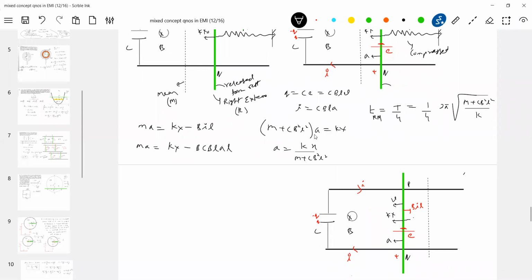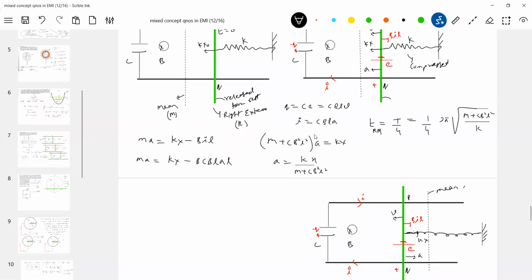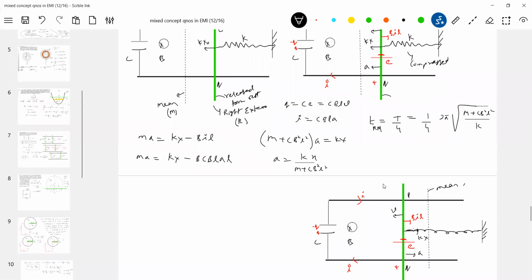And the spring is compressed. The spring will be elongated now. The spring force will act in that direction, but the induced current will be in the same direction. The BIL force will be in the same direction, and now it will undergo retardation. Please, I think I can show only this much.